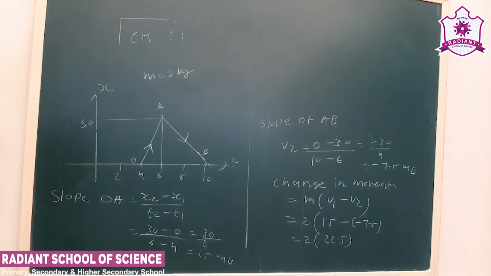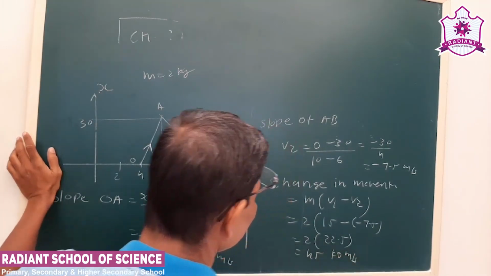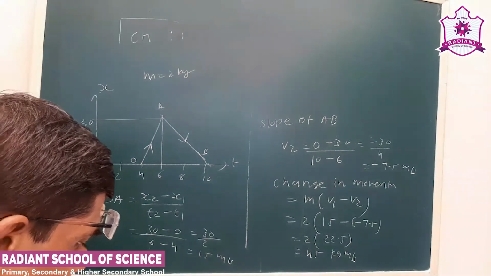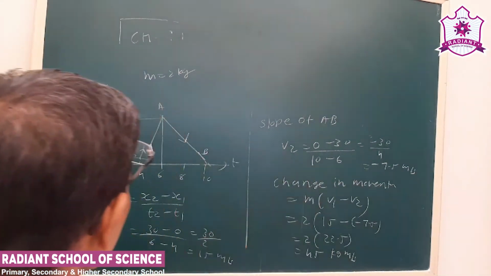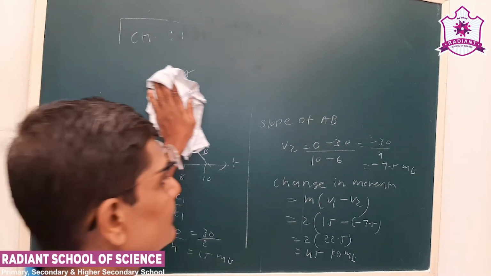Okay, so this is how we can calculate the change in momentum of the system. Now we can have a number of examples like this. This is one such example.